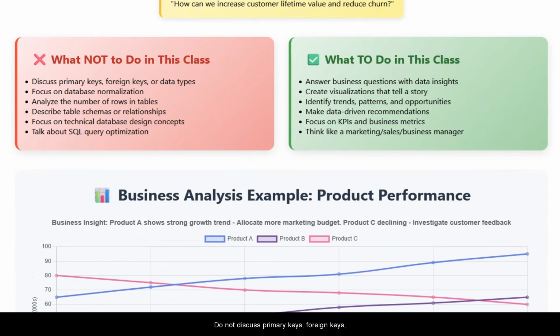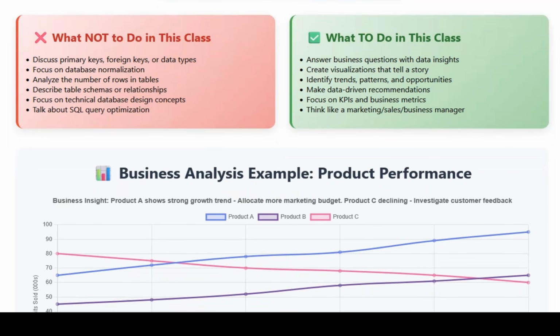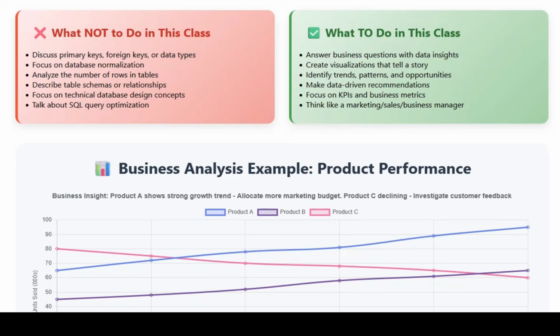Do not discuss primary keys, foreign keys, secondary keys. They have no value for your rubrics. Your business manager or sales manager has no business discussing those things because it doesn't add to business profitability.